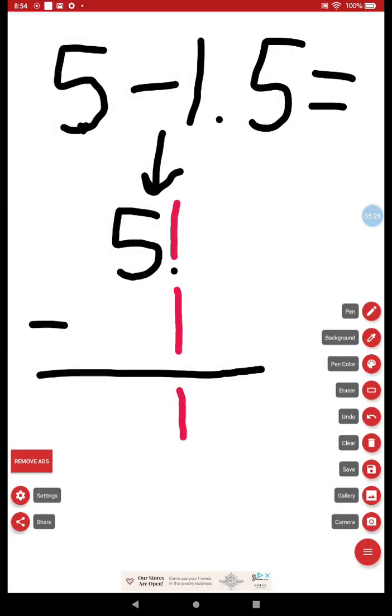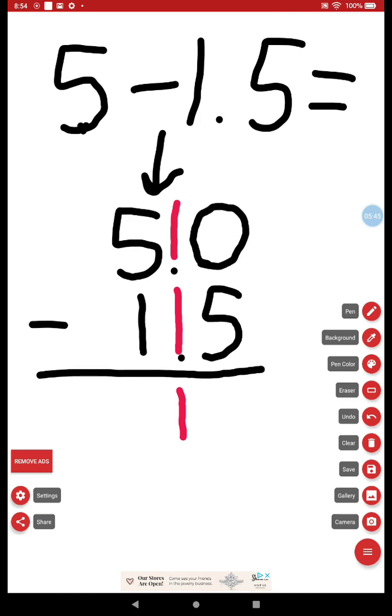All right, 1 and 5 tenths, decimal point's going right here. So I write it like this. And remember, I've got this empty space right next to the 5. Well, what number represents nothing? Very good, 0 does. All right, now I bring my decimal point straight down so it's still on the red line.